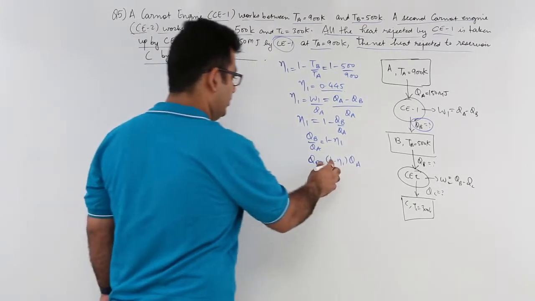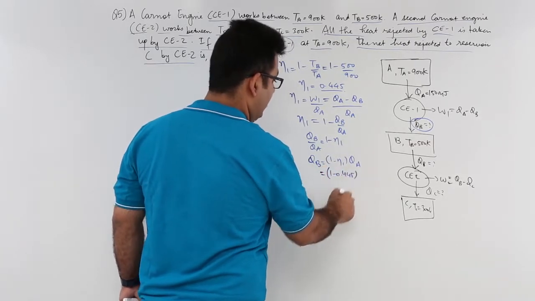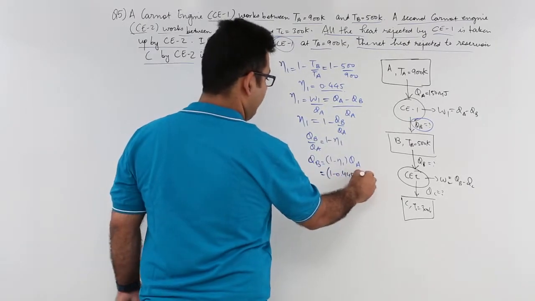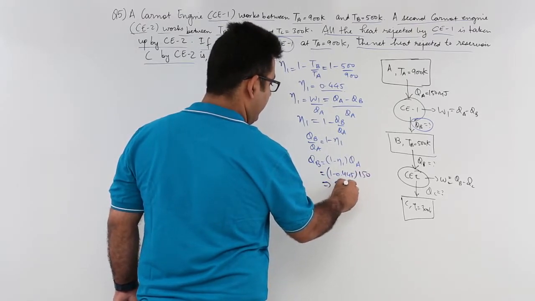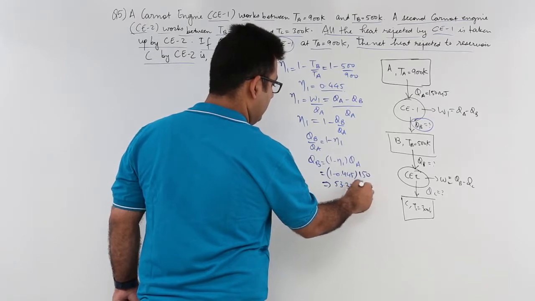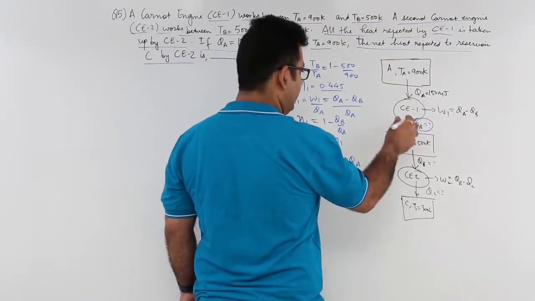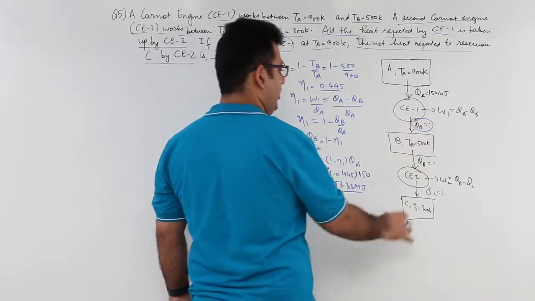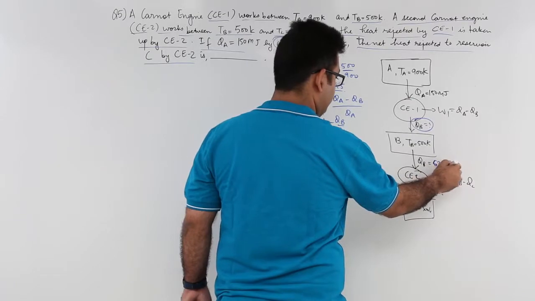So this would be 1 minus 0.445 into QA, which is 150. This would be around 53.33 megajoules. So this is the amount of heat rejected by CE1 to B, and I will write this down as this.